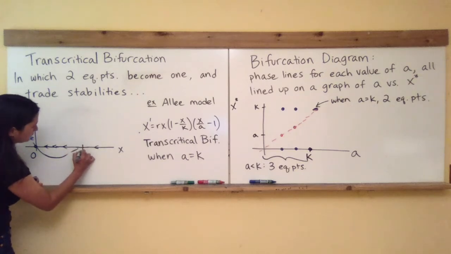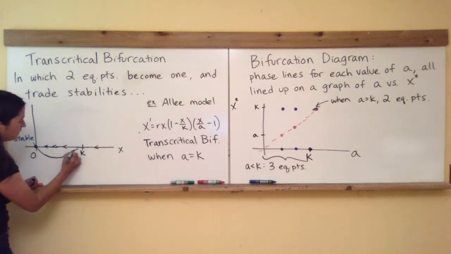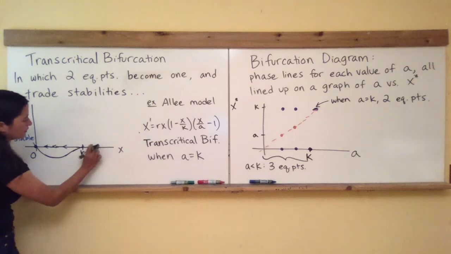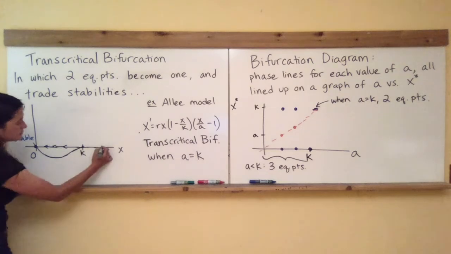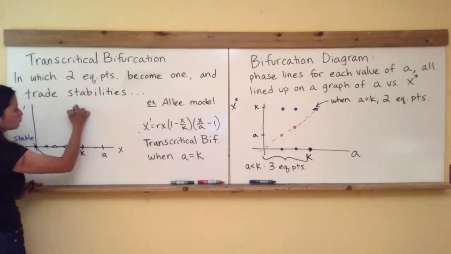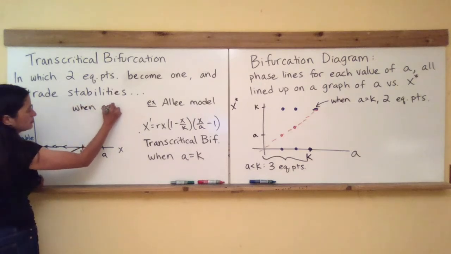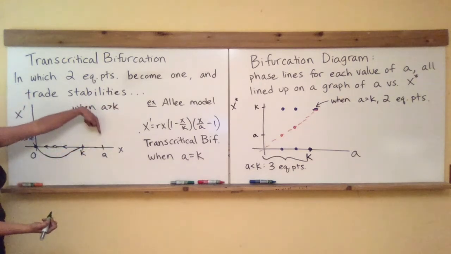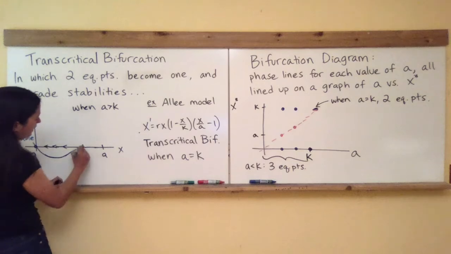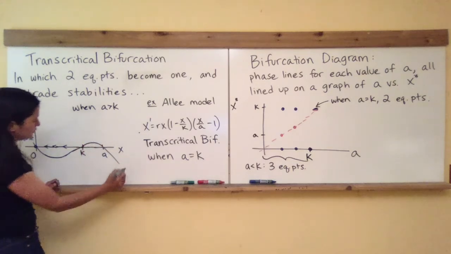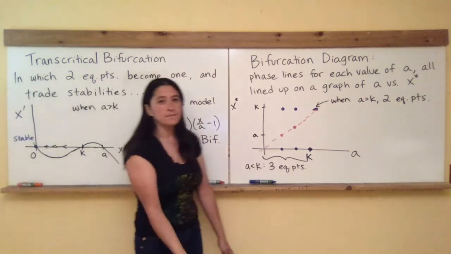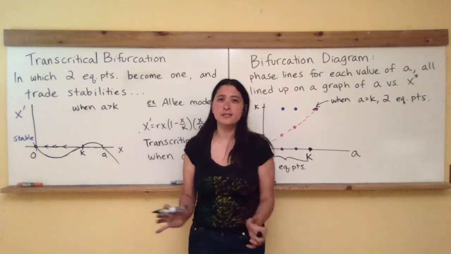Right, K is still right here where it ever was, and that's still going to be an equilibrium point, but what happens is when A is greater than K, you see, A is now greater than K, so it's to the right of K. Now the polynomial looks like that. Okay, now I have to reassess the whole situation.